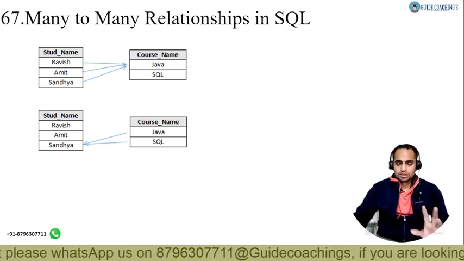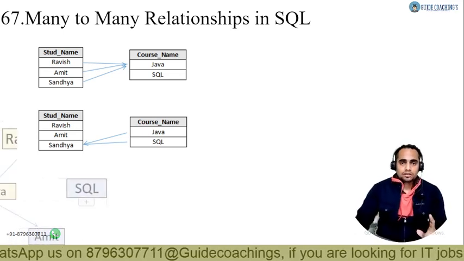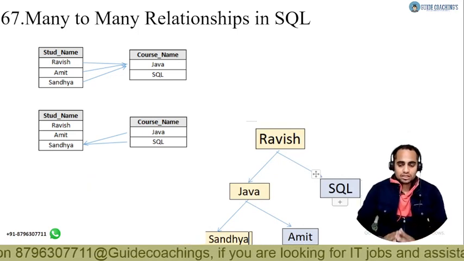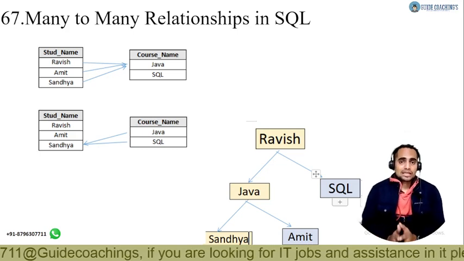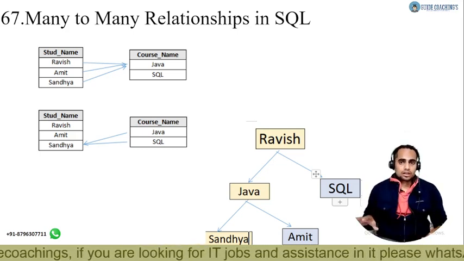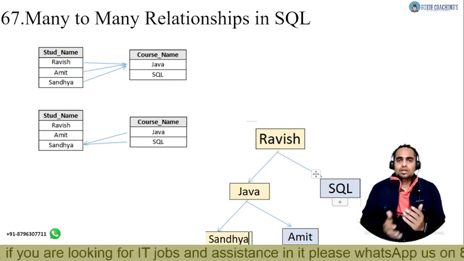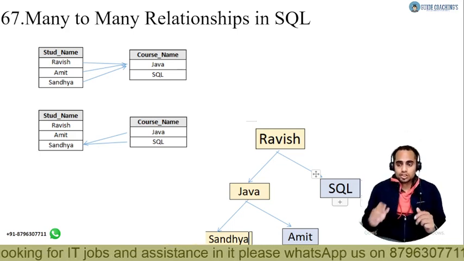Now this is the basic example. Here we need to pay attention to the diagram. We can see Ravish is enrolled in Java as well as in SQL, whereas Java can have Ravish, Sandhya, and Amit as well. This is the type of hierarchy I have created just to make you understand that it is called a many to many relationship.